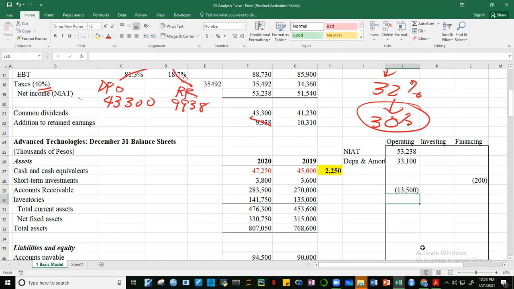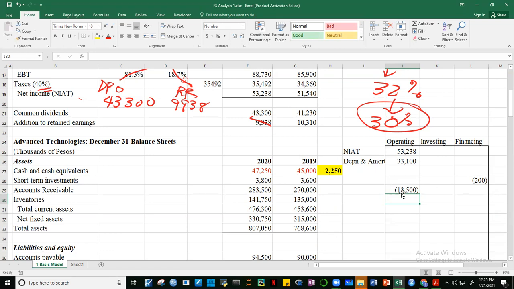Pwede kayong mag-unmute, raise hands, and then I'll acknowledge you. Use of cash. Okay. Petrine, bakit use of cash yun? Tama ba yung natin, yung accounts receivable? Ay, accounts receivable ba use of cash or source of cash? Anong sabi niyo? Nakabenta tayo, so that should be a source. So, mali ito, no?